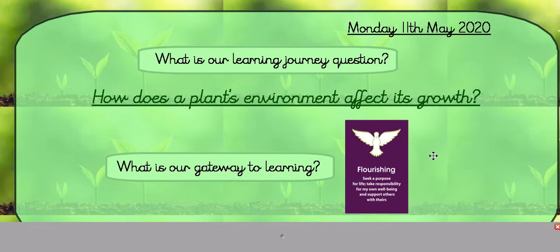So we had a little think about things that we can do to make sure that we are looking after ourselves and others around us. And remember, we're looking at how plants can flourish or not in different environments, and also thinking about ourselves as well.